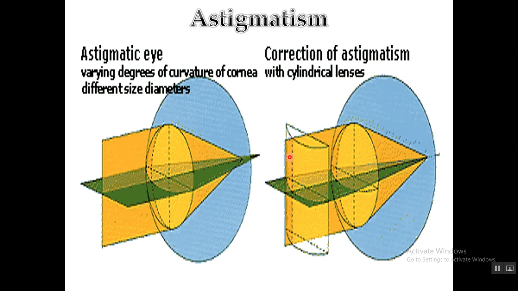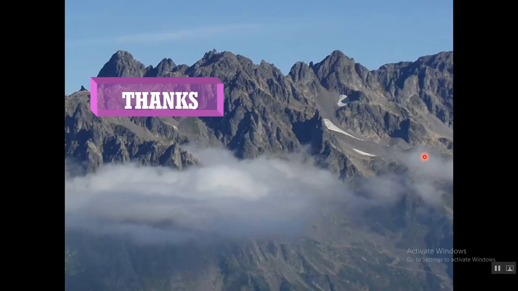The axis of the cylindrical lens is perpendicular to the plane. This is a plane, and this is the axis of the cylinder. To correct this plane, to bring it to the same focus on the retina. So for correction of astigmatism, don't forget, you need what? You need cylindrical lenses.